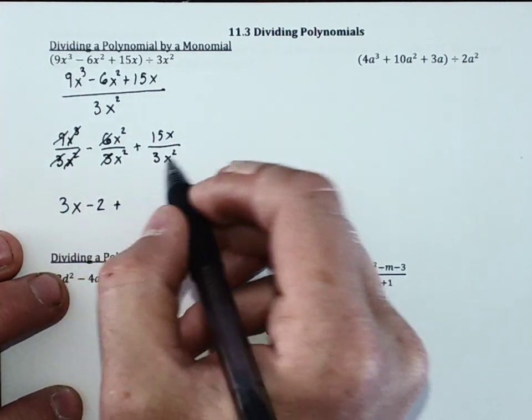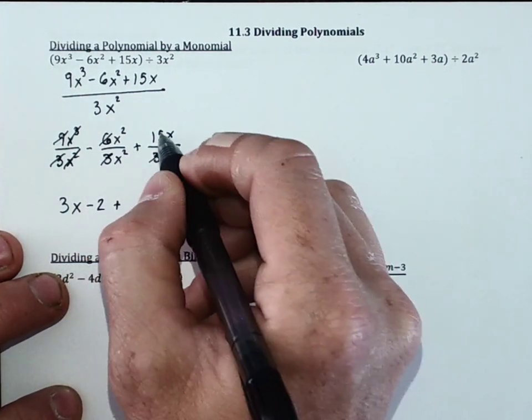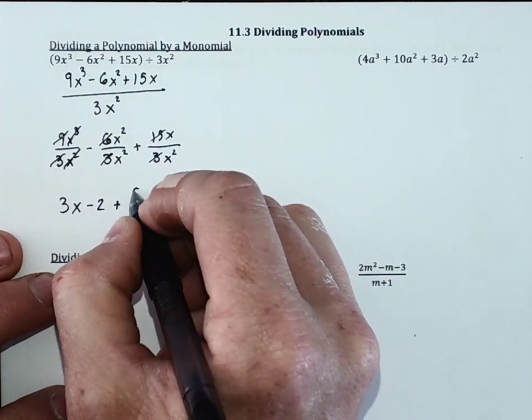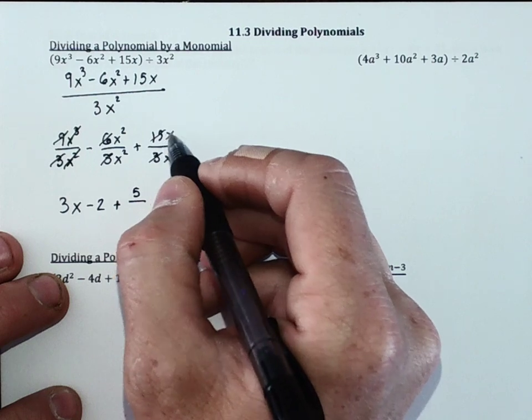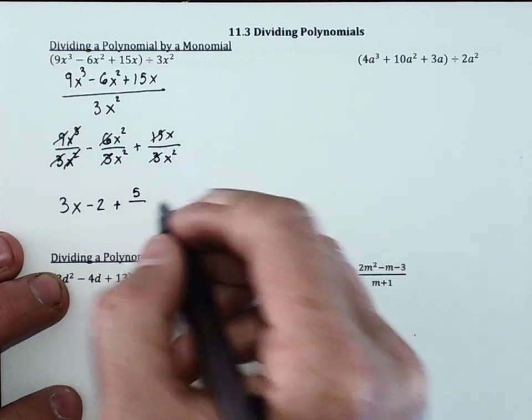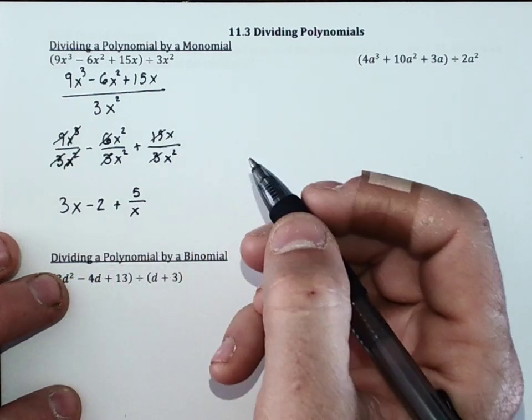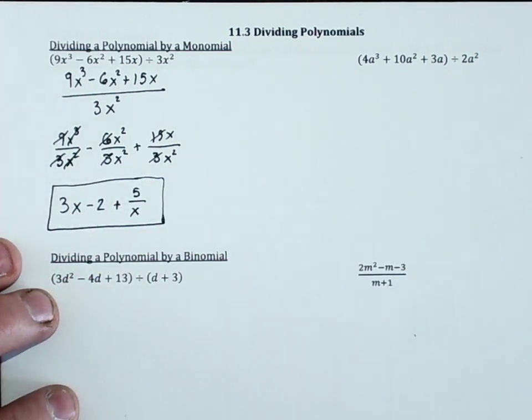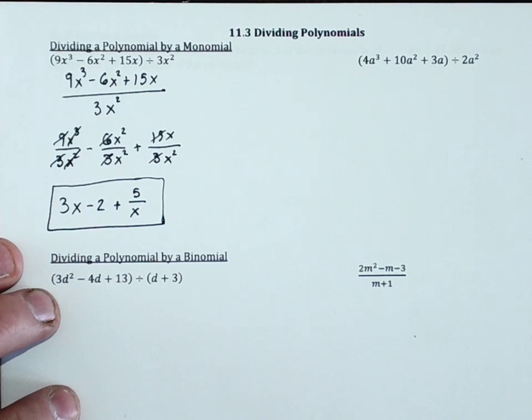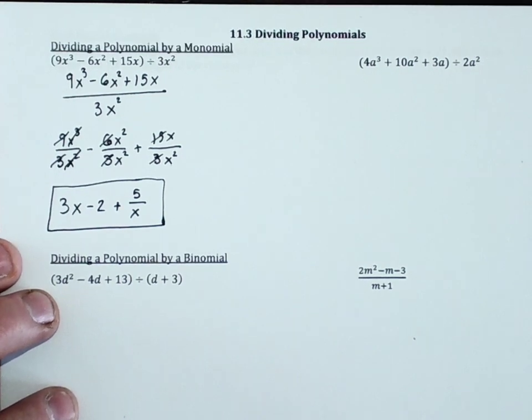Plus 3 goes into 15 5 times. However, the x in the top goes into the x squared in the bottom, leaving an x. And that would be your answer.